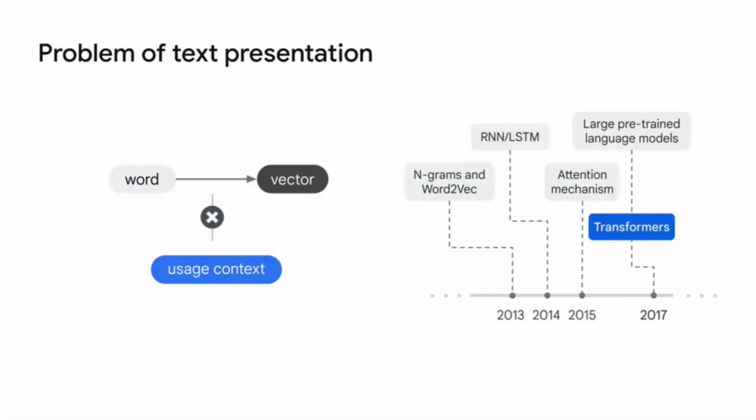Although all the models before transformers were able to represent words as vectors, these vectors did not contain the context, and the usage of words changes based on the context. For example, bank in riverbank versus bank in bank robber might have the same vector representation before attention mechanisms came about.